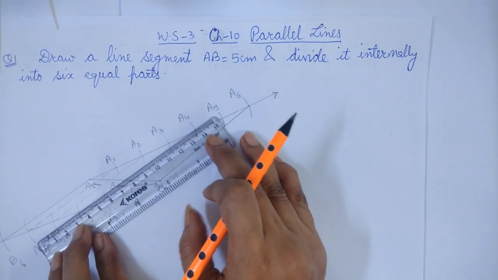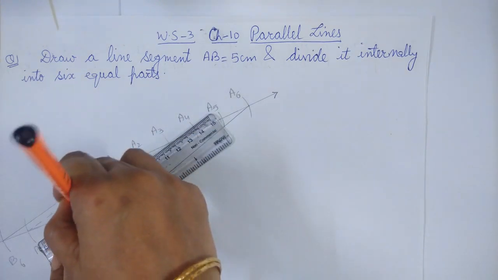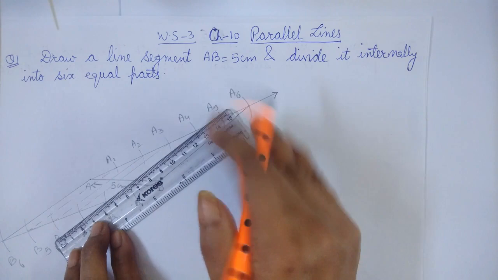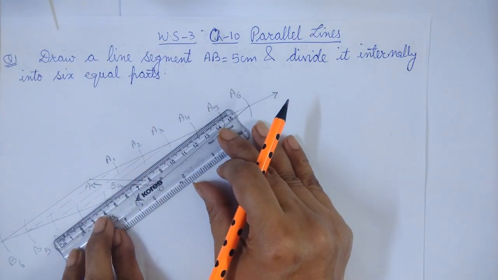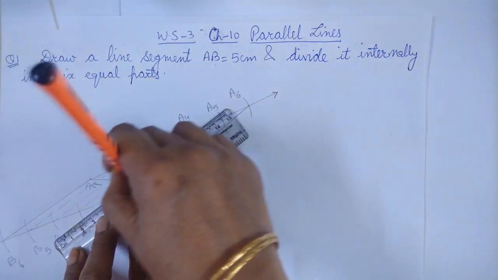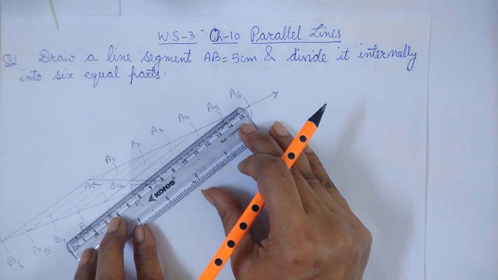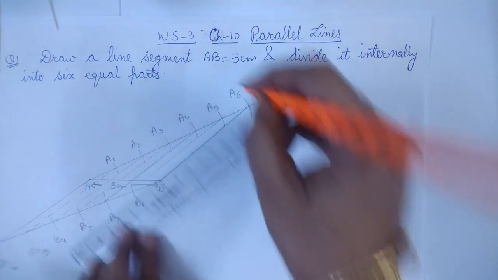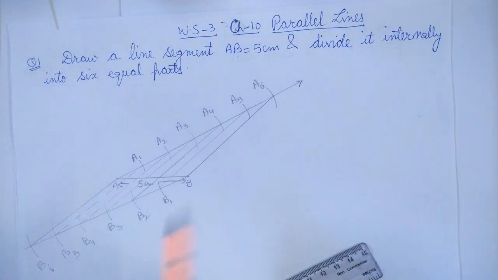Like this, you will join all the respective arcs from both the sides. But be careful while joining it. These lines should be parallel to each other like this.